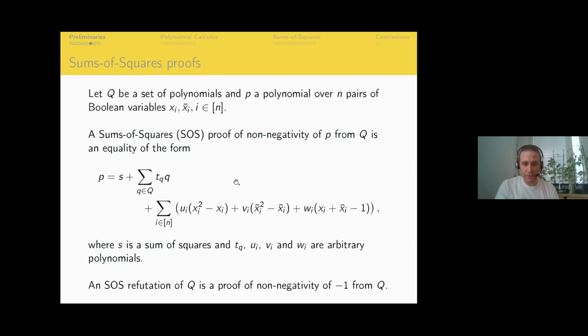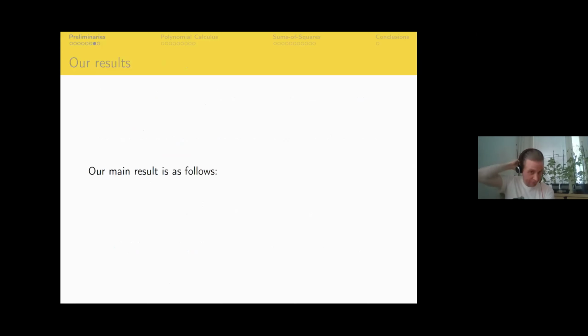And a sums-of-squares refutation is a proof of non-negativity of -1 from the given axioms.